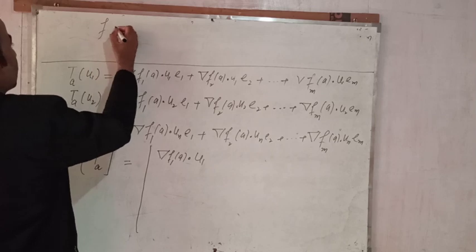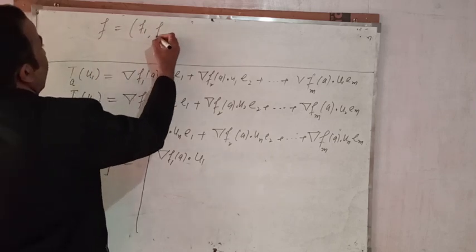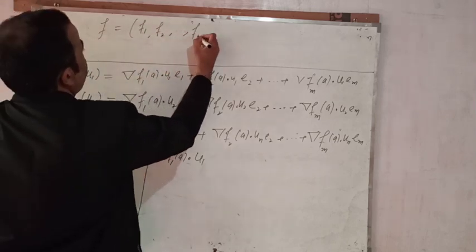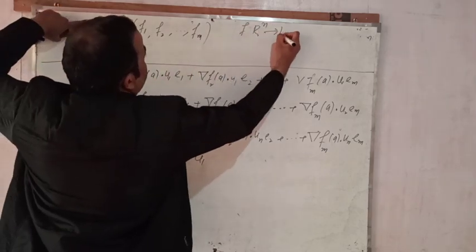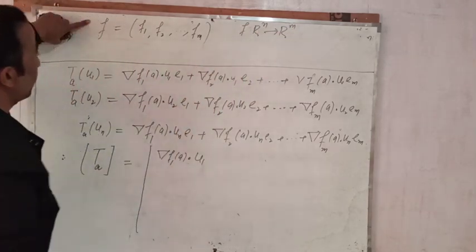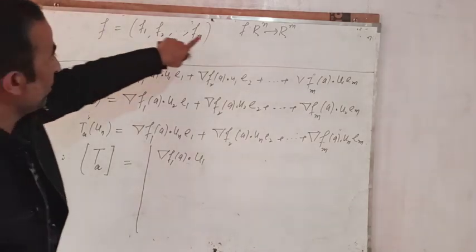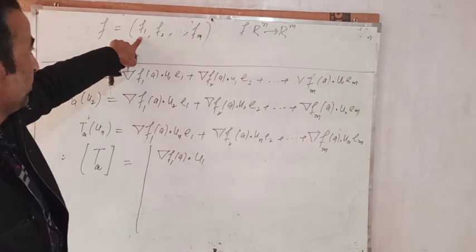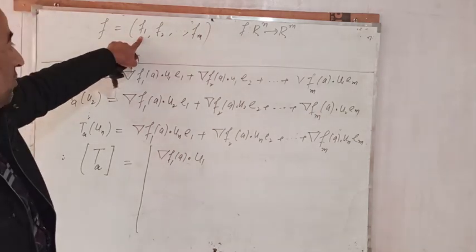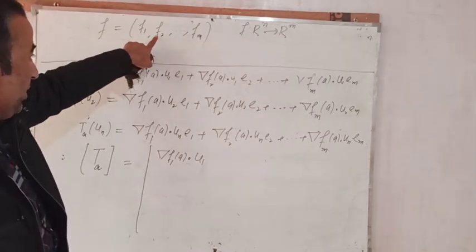Actual F is F1, F2, so on Fm, because F is actually from Rn to Rm. It's a function of n variables, which means each component is a real valued function of n variables.